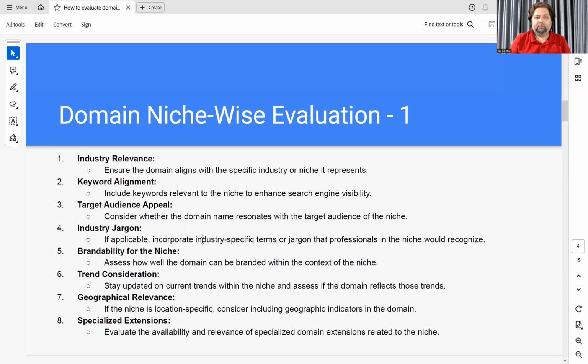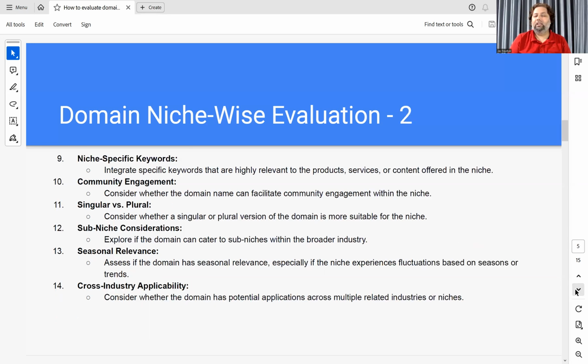So in the same slide, the ninth point, niche specific keyword. What is a niche specific keyword? I have just given you the example: woolen jacket. Suppose you have jacket.com and you have woolenjacket.com.